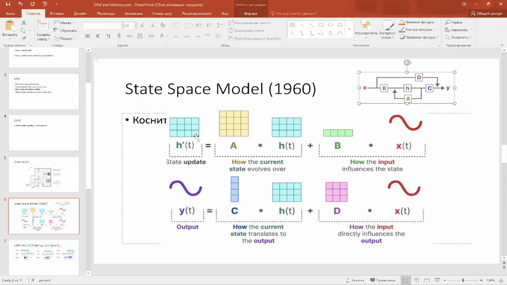So initially, it is a very math powered architecture, like every architecture in early days. Here you see the derivative, and yeah, it is very similar to LSTM. You can read the state update and output notation.